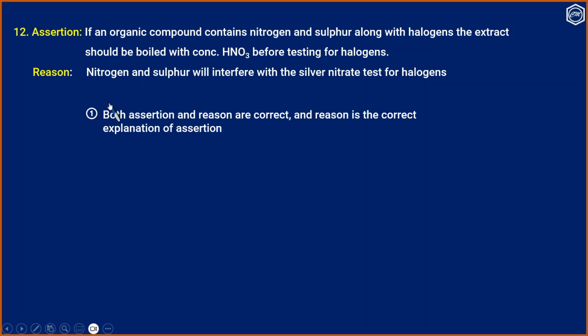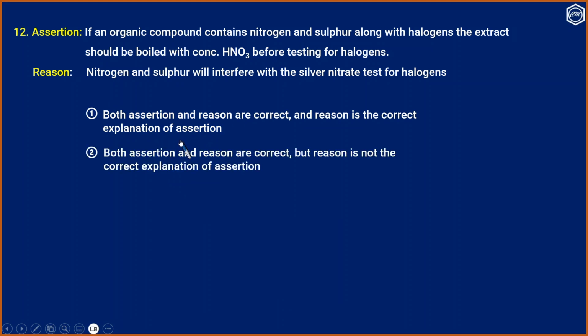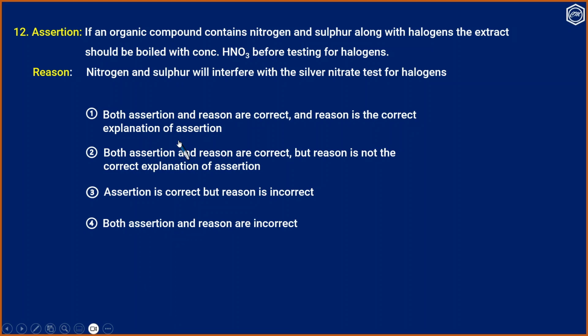The options are: both assertion and reason are correct, and reason is the correct explanation of assertion. Both assertion and reason are correct, but reason is not the correct explanation for assertion. Assertion is correct, but reason is incorrect. Both assertion and reason are incorrect.